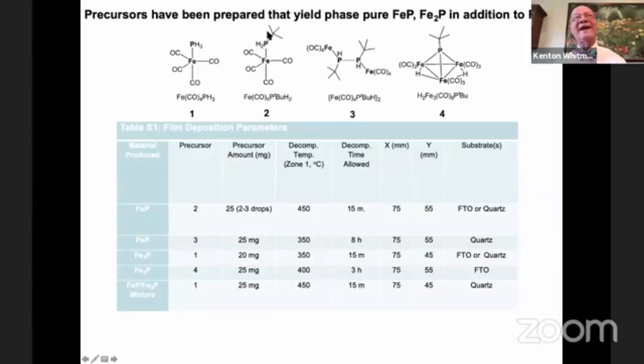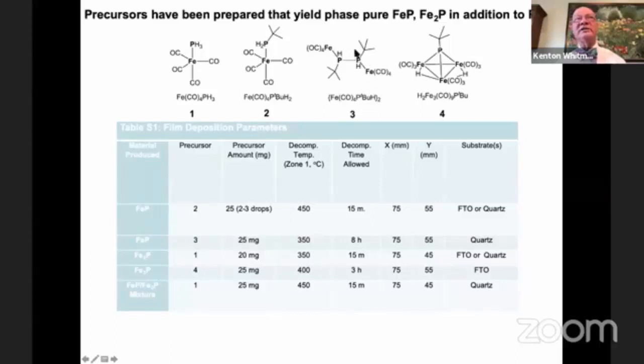If you put a t-butyl group on the phosphorus, it sticks more strongly to the iron, and this compound will act as a precursor to pure FeP. So that one will give you pure FeP. We also synthesized this particular molecule, which acts as a precursor to FeP.